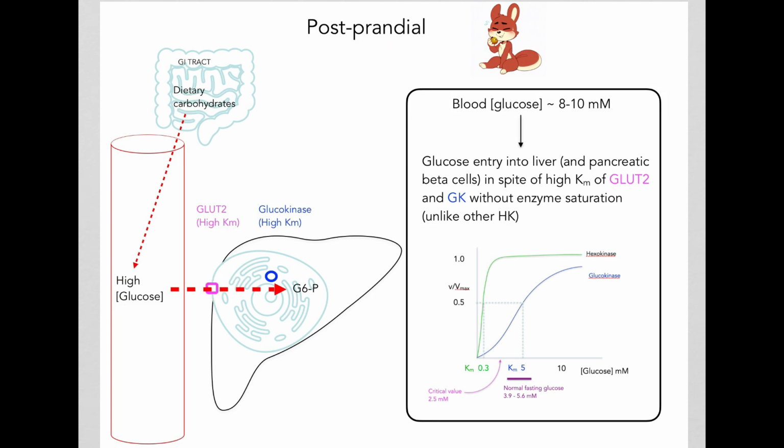So to summarize, after a meal, all cells would be able to take in blood glucose because of the high glucose concentration, and this also includes the liver cells as well as the beta cells found in the pancreas.